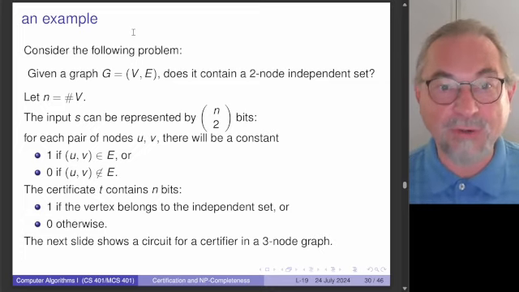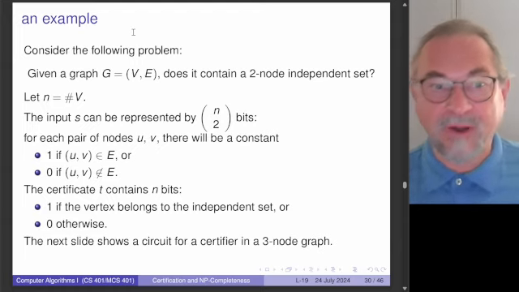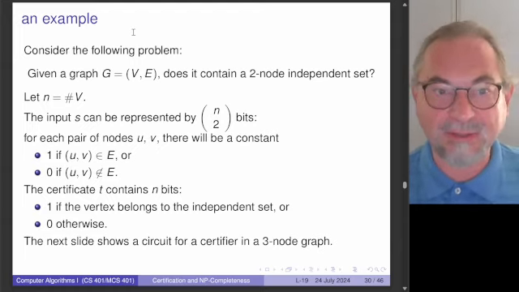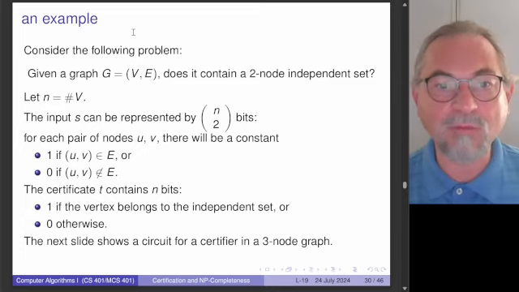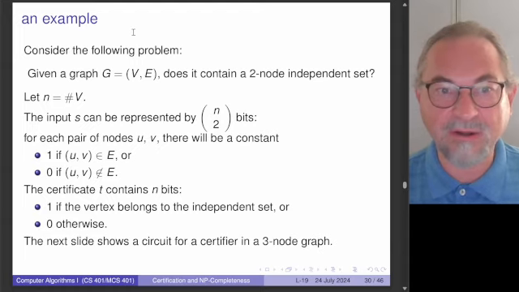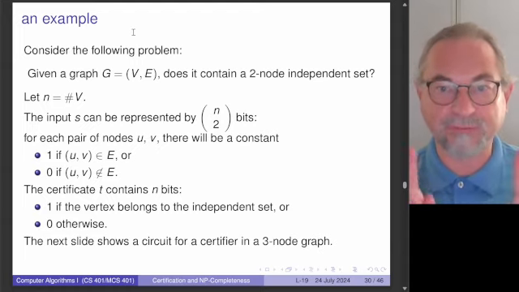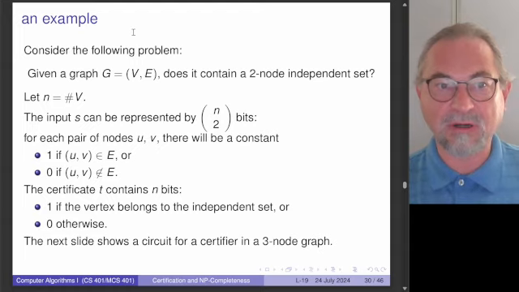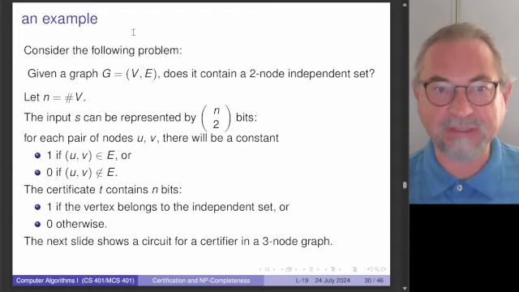Okay, how are we going to define this problem as a circuit? Well, what is the input? The input consists of all possible choices of two elements of the vertex set.